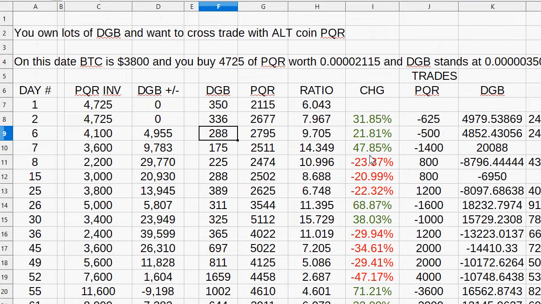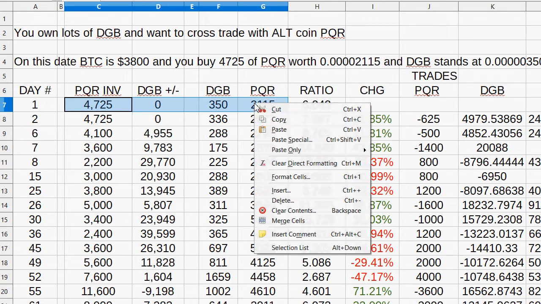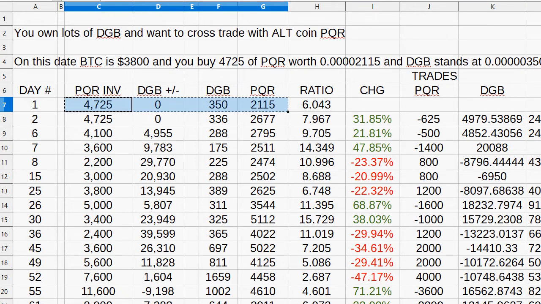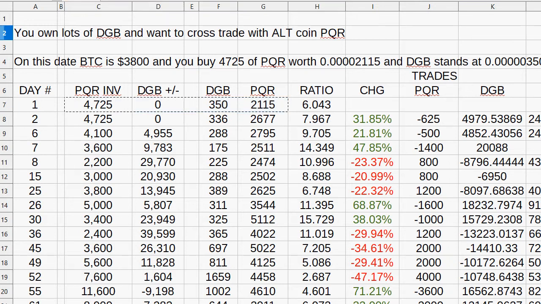I've got a whole bunch of rows that I'm going to go over. I'm just going to page down, and you can pause the screen if you wish. The whole idea was a decent percentage move. You start off with 4,725 of these at the price points of 350 and 2115.